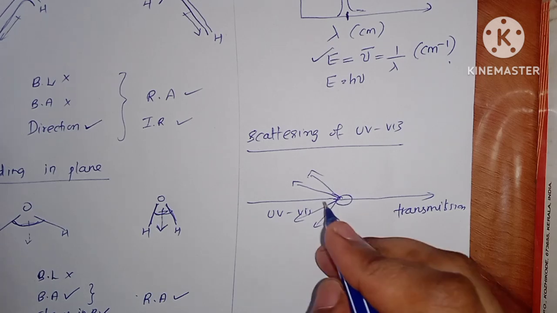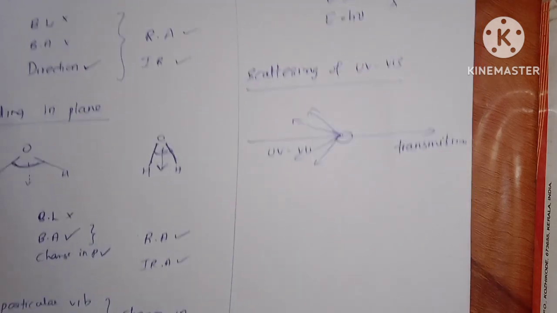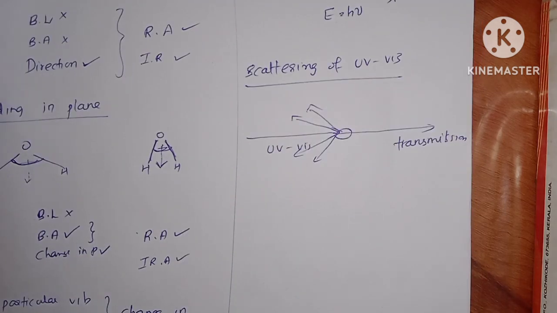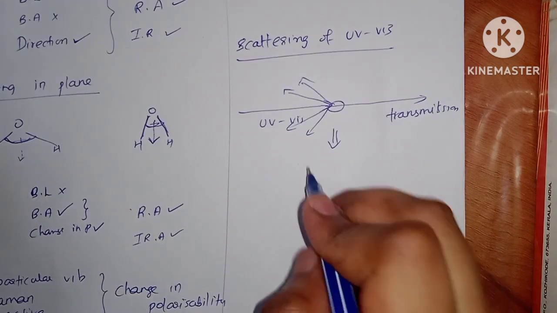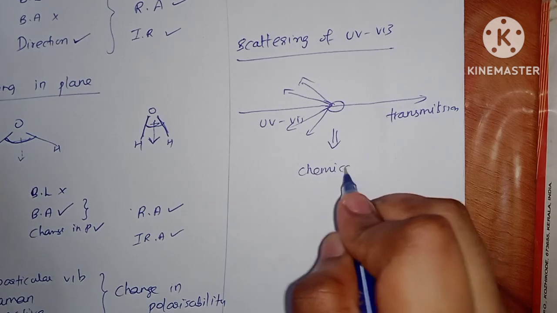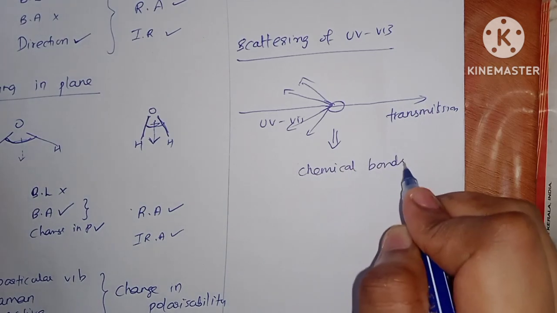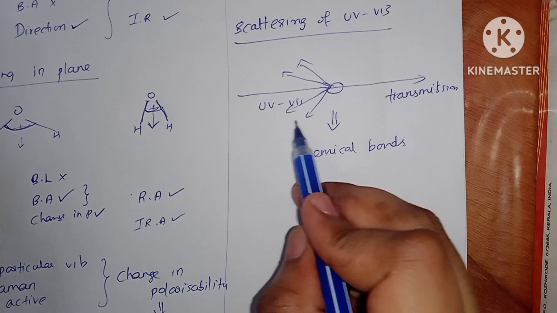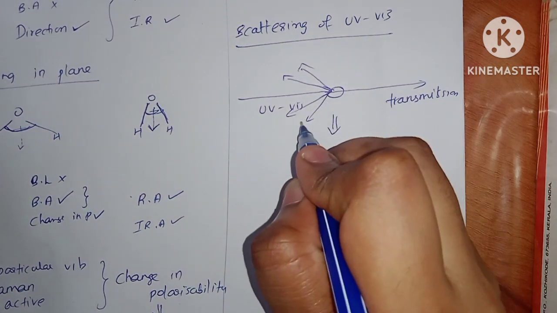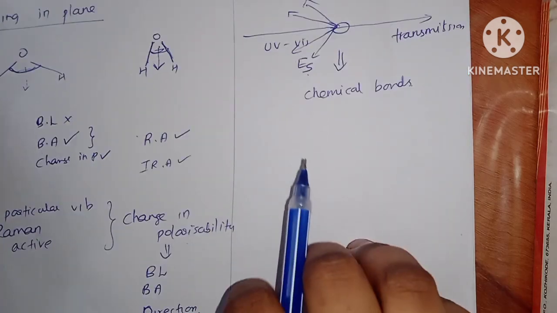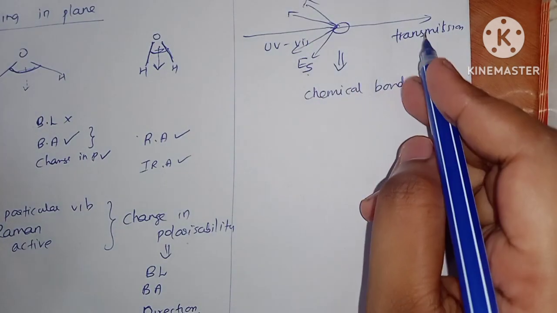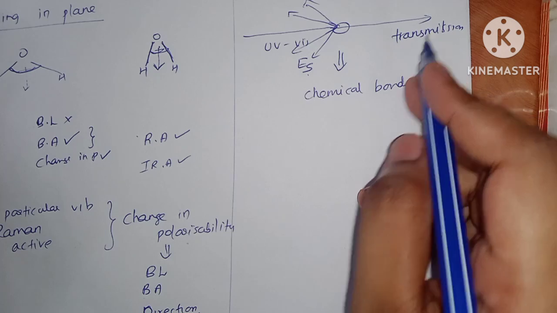In Raman spectroscopy, we study this scattering of radiation by the molecule, and we study the chemical nature of the molecule, or the chemical bonds involved in it, by analyzing the energy of this scattered radiation. ES indicates the energy of scattered radiation. For transmission, we know that the energy is the same.